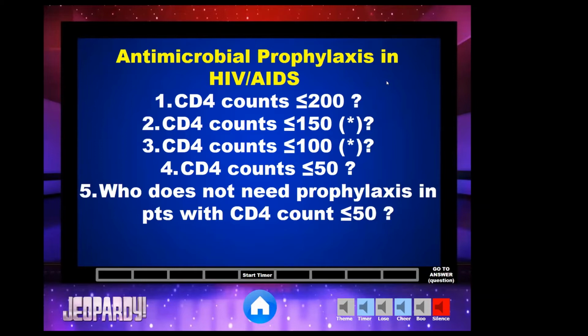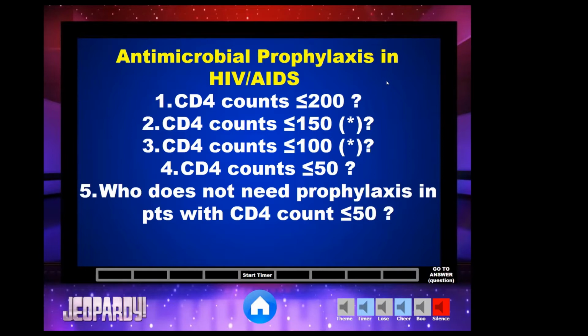And number 5, you partly answered it. You answered 4 as MAI, and who does not need MAI prophylaxis? That's the 5th part. What category are we missing? The number 5.